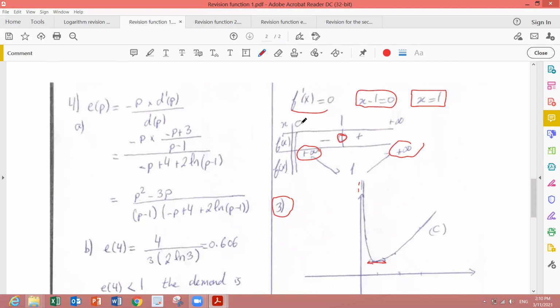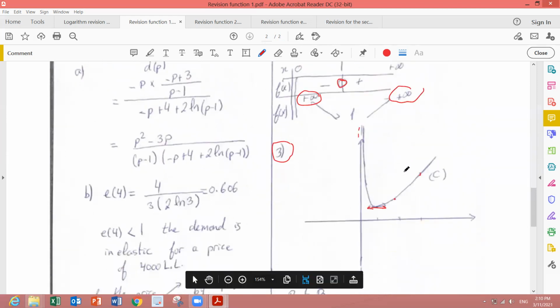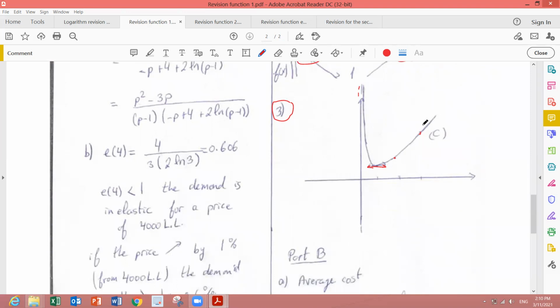The curve is decreasing near the vertical asymptote from plus infinity to the minimum, then it goes to plus infinity. If we take particular points at x equals 2, x equals 3, etc., we get the curve.